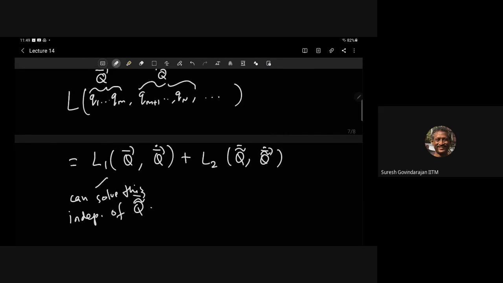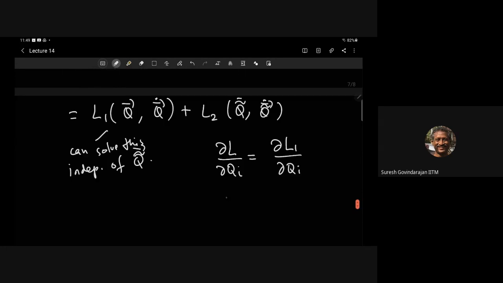You look at the equations of motion also. What you will see, for instance, is dL by dQi, let's say we look at some element Qi, is equal to dL1 by dQi, and the same thing for dL by dQi dot is equal to dL1 by dQi dot.